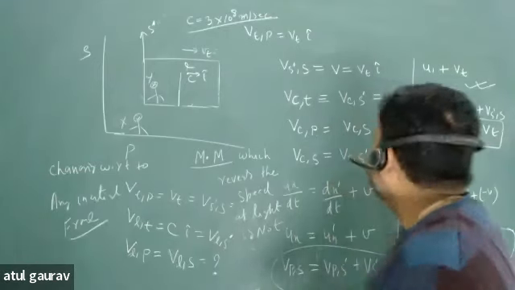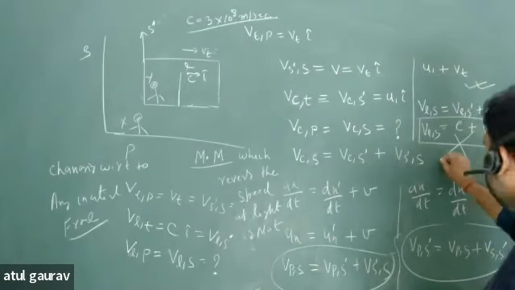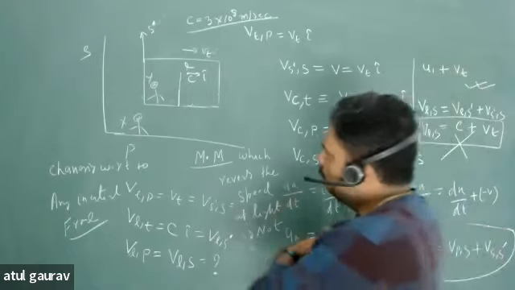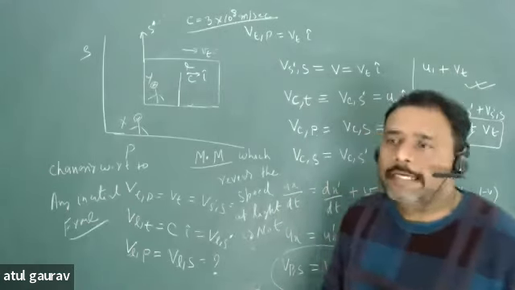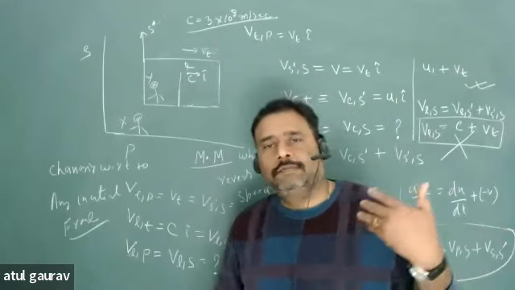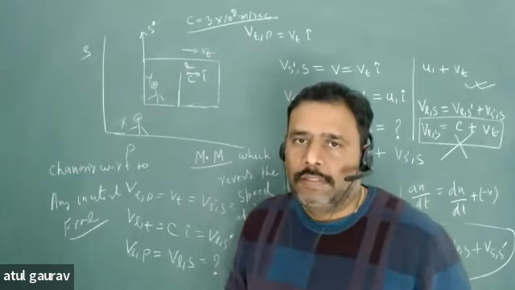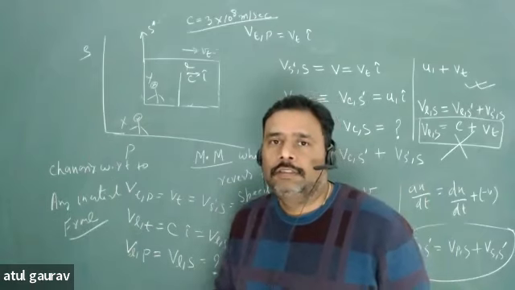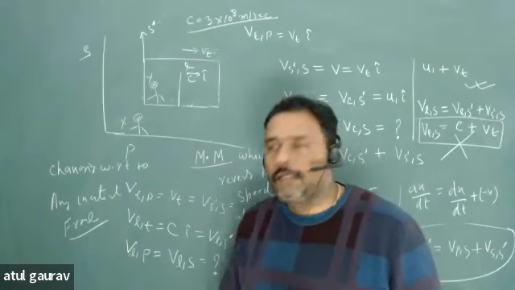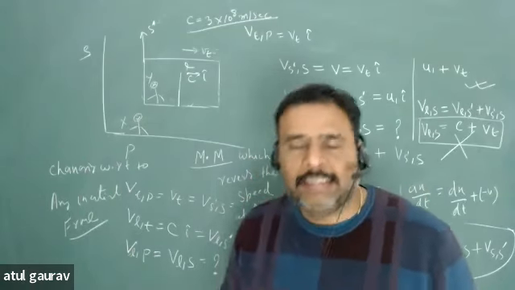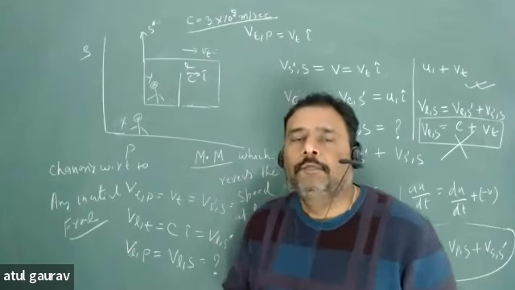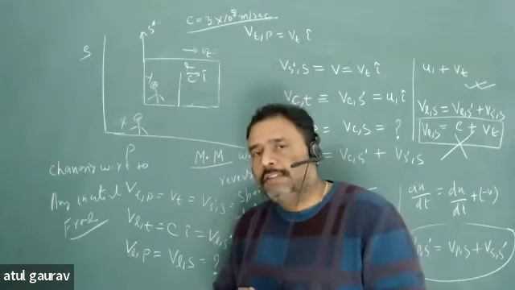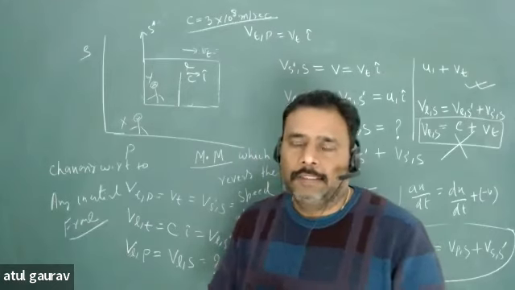So this is a wrong answer because it does not match the experiment or the observation, and this will make a huge change in the working of physics, and that change is nothing but the special theory of relativity.